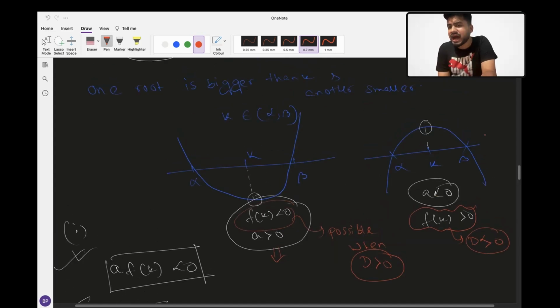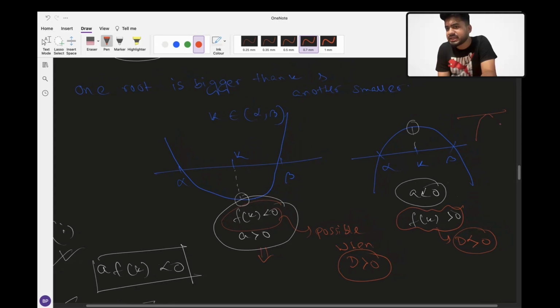Because in all the other cases, the curve will look like this or this. So here f of k is always negative, and here f of k is negative or at most 0. So it can never be positive. So only in this case it is positive.